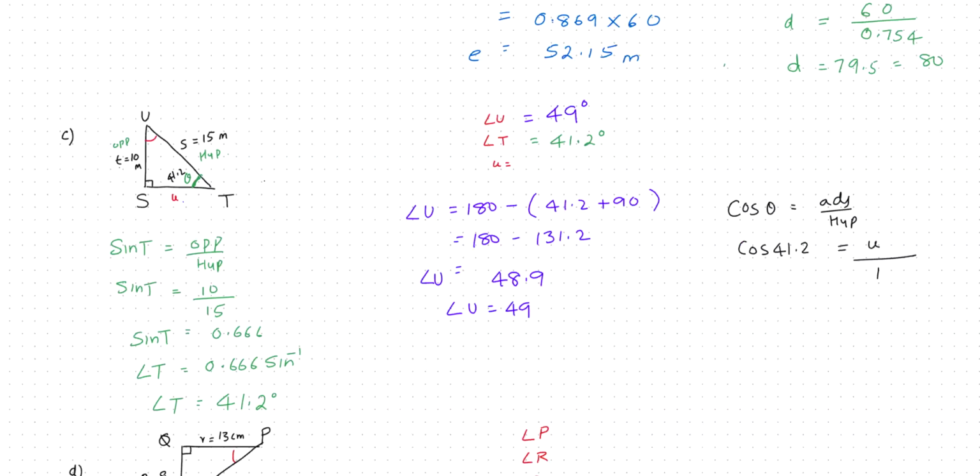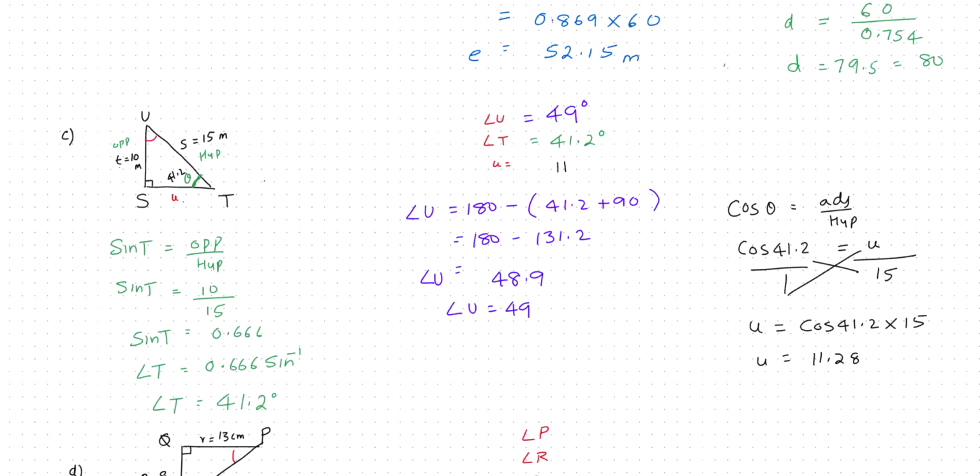We cross multiply, so U times 1, U equals cos 41.2 times 15. So find the value of cos 41.2 times 15, it comes to 11.28. So side U is 11.2 or 11 meters.